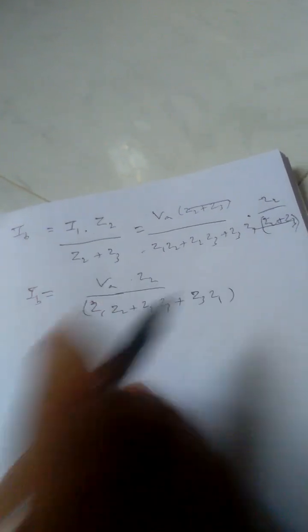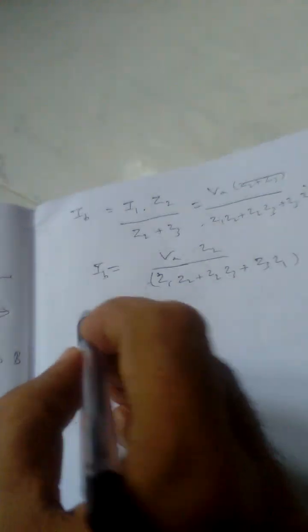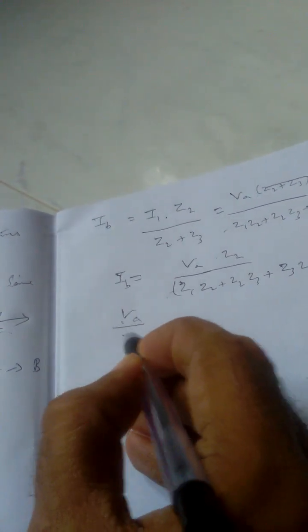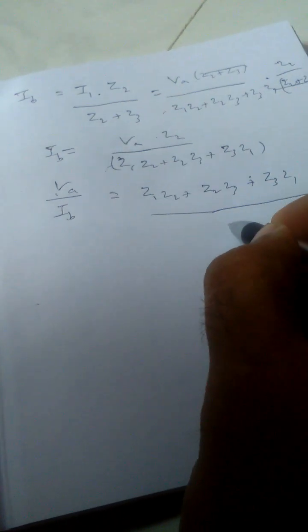This is actually the transfer relation from A to B. Now from this I can write VA by IB equals Z1 Z2 plus Z2 Z3 plus Z3 Z1, whole divided by Z2.